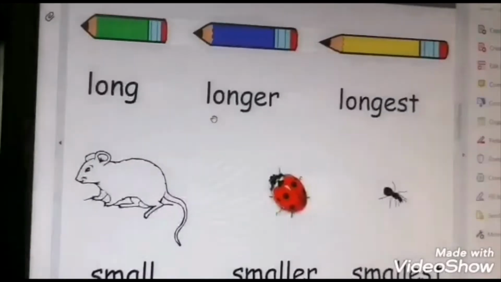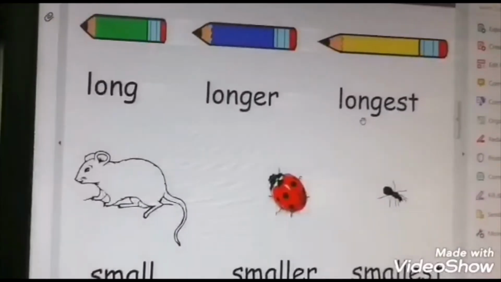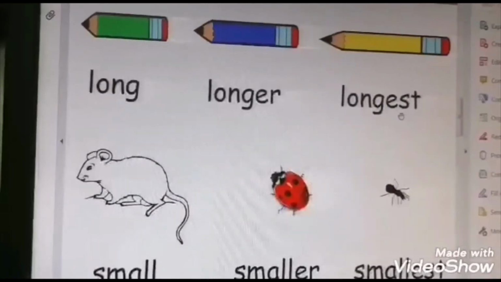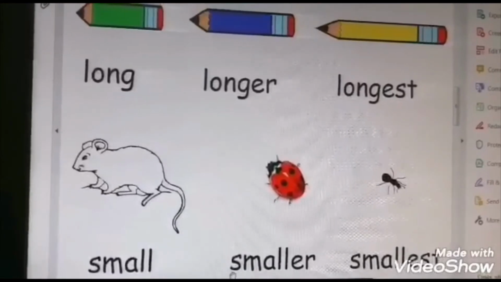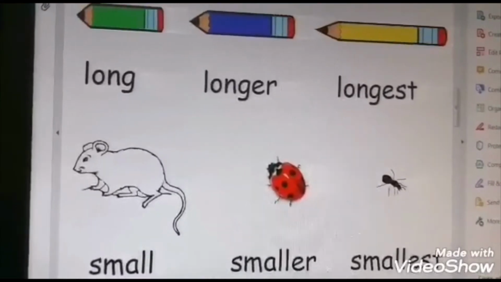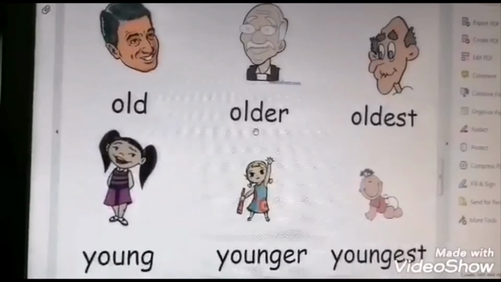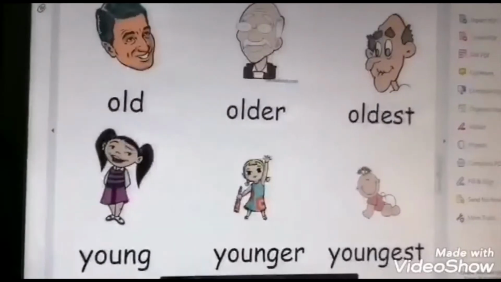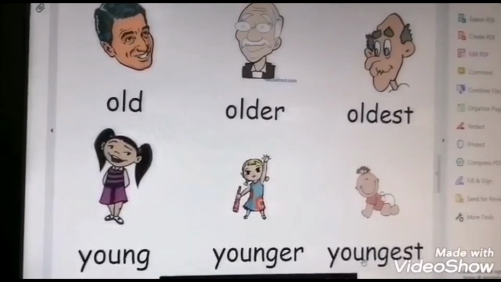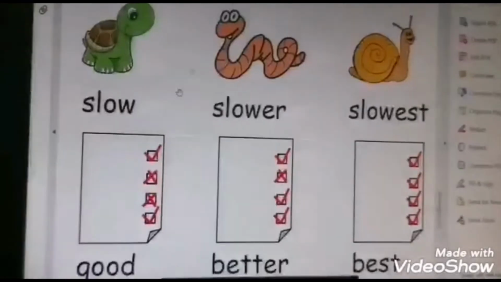Long, longer, the longest. Small, smaller, the smallest. Old, older, the oldest. Young, younger, the youngest.